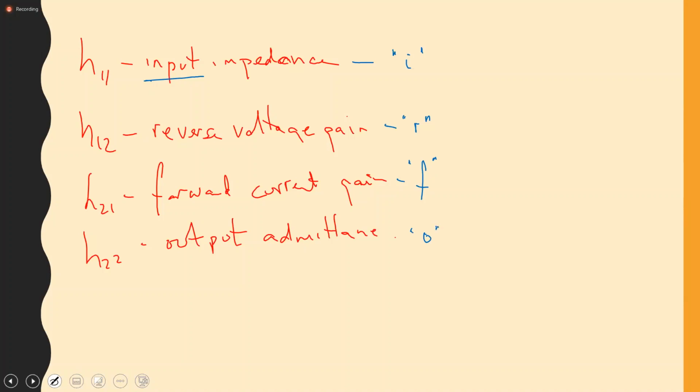Now, in your electronics class, you would have talked about transistor biasing. In terms of how you connect your transistor, your BJT, one of the three terminals would be common to both the input and the output circuit.